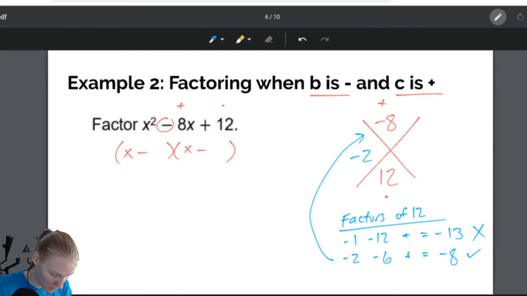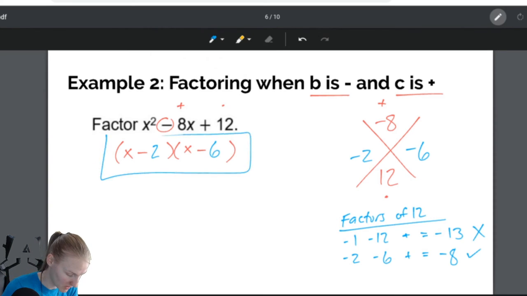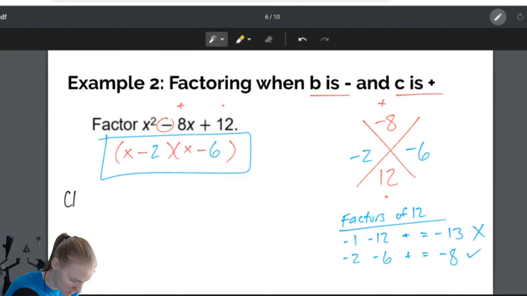So -2 and -6 are the numbers, so x minus 2 and x minus 6 is what I should have in the end. And let's just double check. Check our answer by foiling this out again.